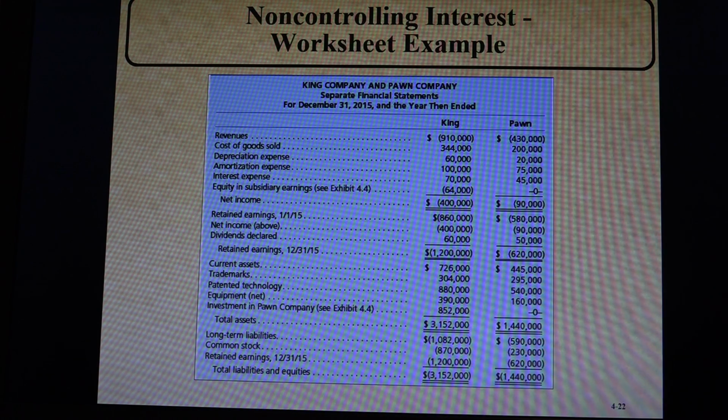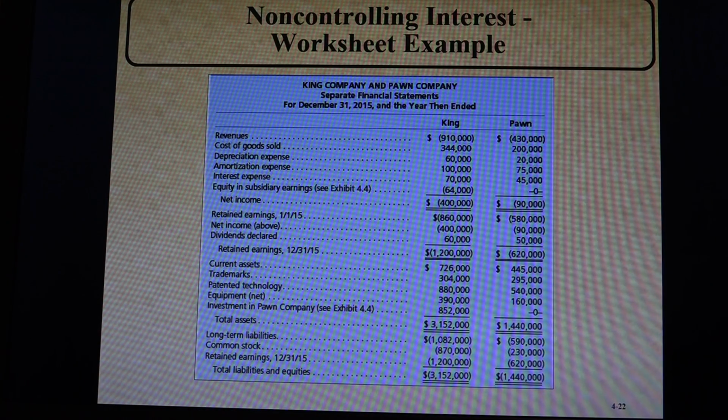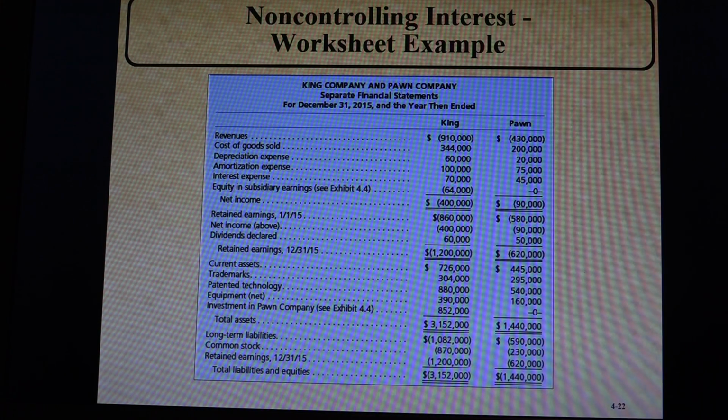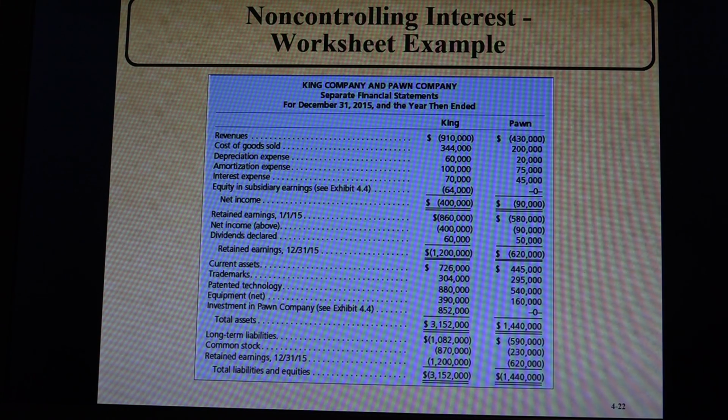For example, if you're going to do the worksheet, add your column, non-controlling interest, and make your entries SAIDE.